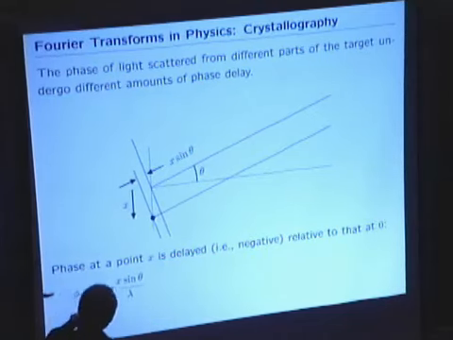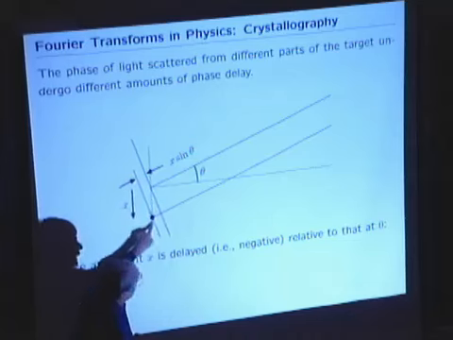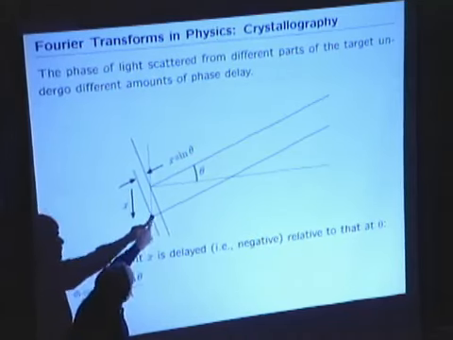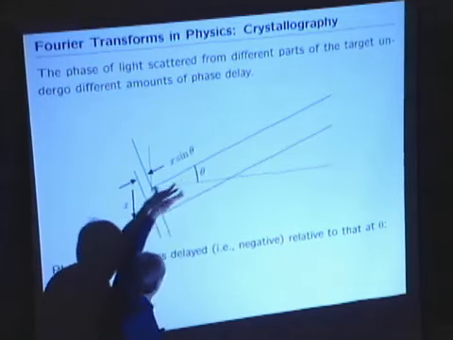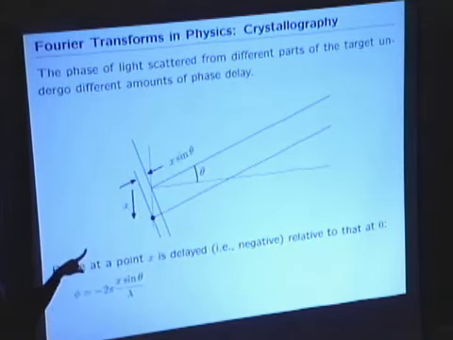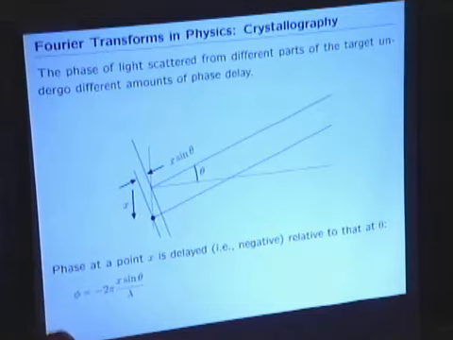So the phase that is generated by scattering from this point displaced a distance x, when measured at an angle theta in the far field, looks like that. Okay? That's supposed to be just a simple reiteration of what we just did.